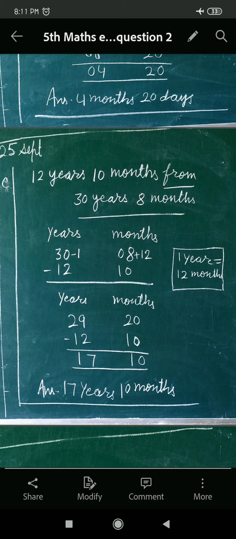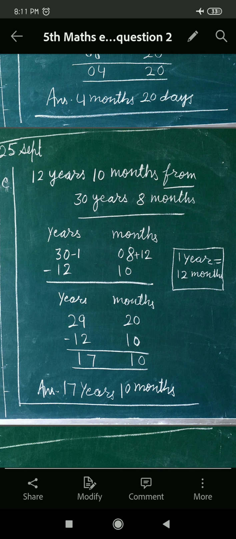Then again we'll have to borrow from years. Now year will give 1 year. Out of 30 years, borrow 1 year from here. And when we add in months, then we'll have to convert it into months, same as we have converted months into days. Here year into months. And 1 year is equal to 12 months.